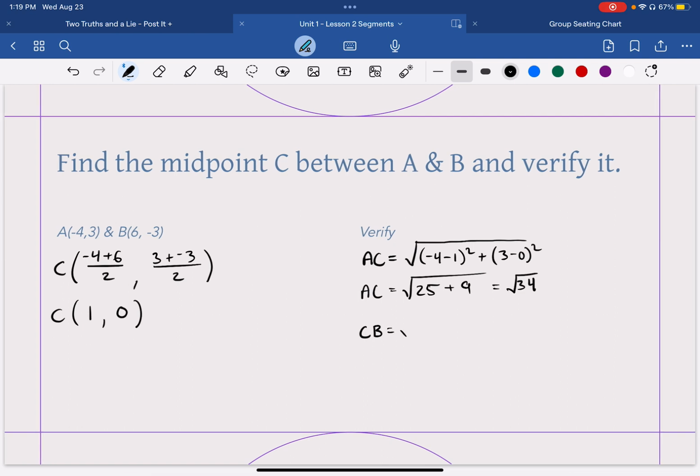So let's find the distance between CB. Okay, difference of x from C, 1 minus 6 squared plus 0 minus negative 3. We can see that, all right, 1 minus 6 is going to give us a negative 5. Negative 5 squared is going to give us 25. 0 minus negative 3 is going to give us a positive 3 squared, which is going to be 9.